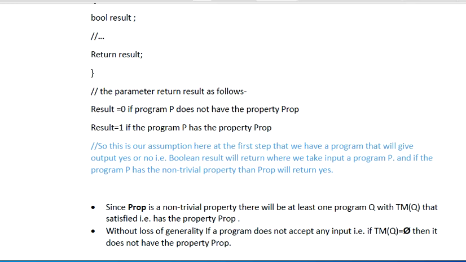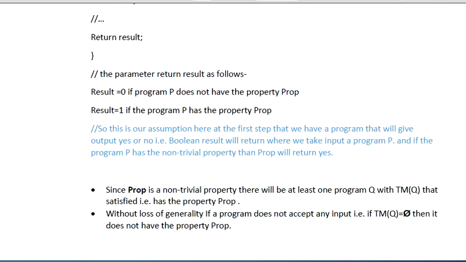Without loss of generality, if the program does not accept any input, that TMQ, the Turing machine of program Q, will be phi, an empty set, which does not have the non-trivial property.